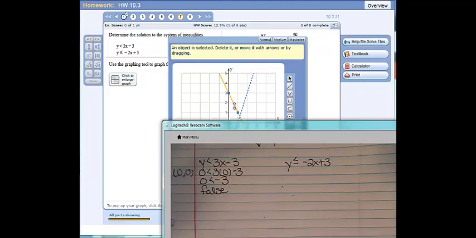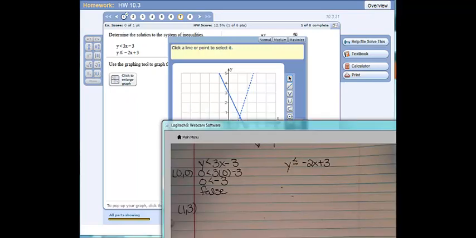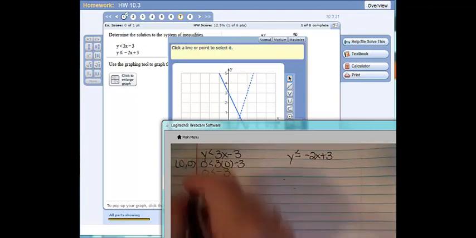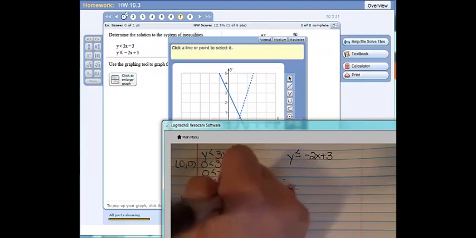So let's pick a different test point. We know that it's not over here. So let's pick a point right here. Let's pick 1, 3. Let's test that one out. And I mean, I'm just guessing. I don't know which one of these is going to work. So let's do 1, 3. Y is less than 3x minus 3.